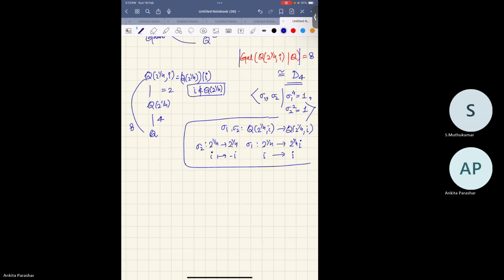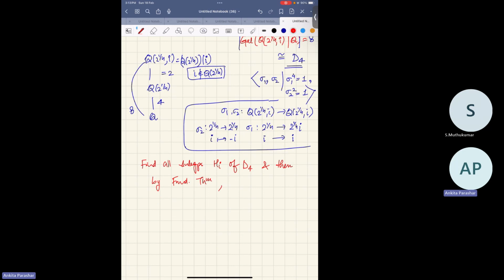Now we want to see, one way is to find all subgroups of D4, let's say subgroups H_i of D4, and then by the fundamental theorem we know that we can get the fixed fields.